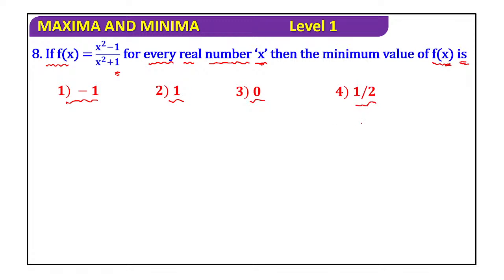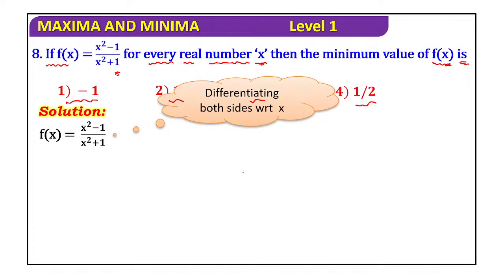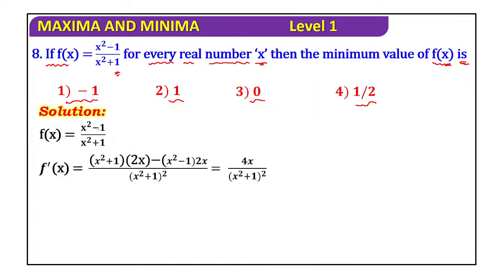Here you can just see through the solution, that is f of x equal to (x square minus 1) divided by (x square plus 1). Differentiating on both sides with respect to x, say that it is u by v form. If I differentiate this, it will be (x square plus 1) into 2x minus (x square minus 1) into 2x divided by (x square plus 1) whole square.